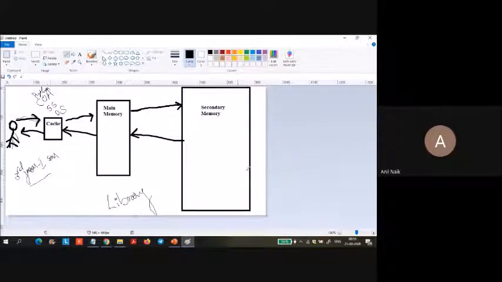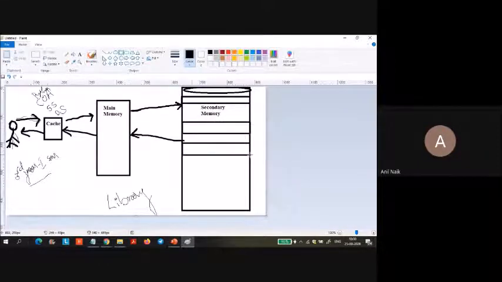The library has different racks where different types of books are placed.